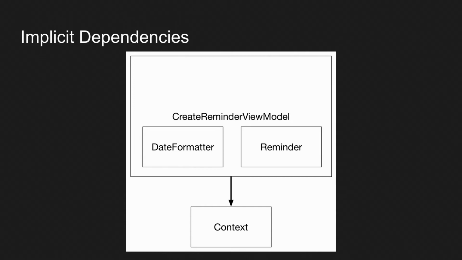Now, the problem with this is twofold. The first is the problem when any kind of change is made to your application. Say, my date formatter, I find people in Europe don't like the way I'm formatting my dates, so I need to introduce some sort of locale to update it. So I go into my date formatter, update the constructor to take in a locale, and another metaphor for this is like when you drop a rock into a puddle, those ripples just go all the way to the outskirts.